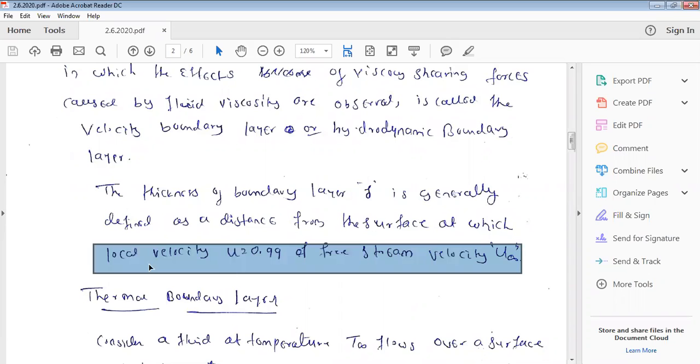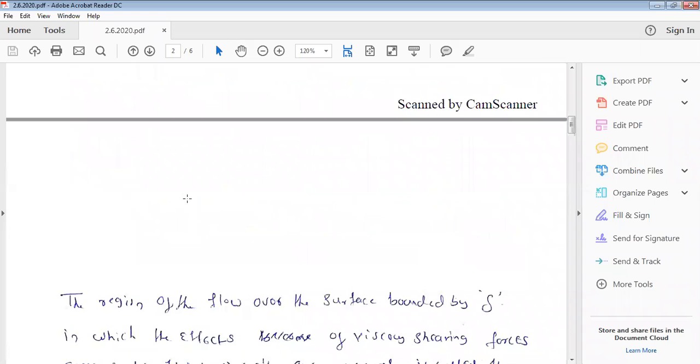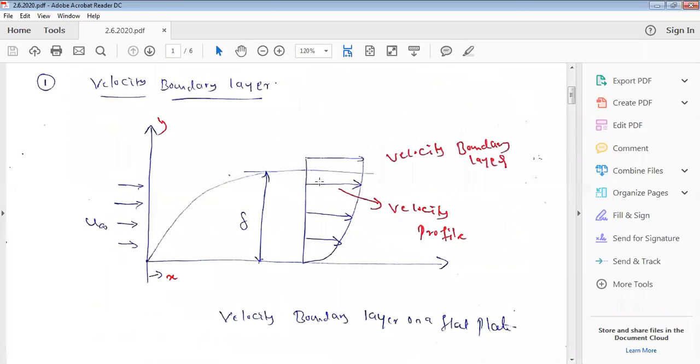In this region, you have taken u is equal to 0.99, nearly equal to 1. When you say velocity is 1, the velocity is maximum, and that is the velocity of the flow. This is a free stream. That's why we have given u infinity.